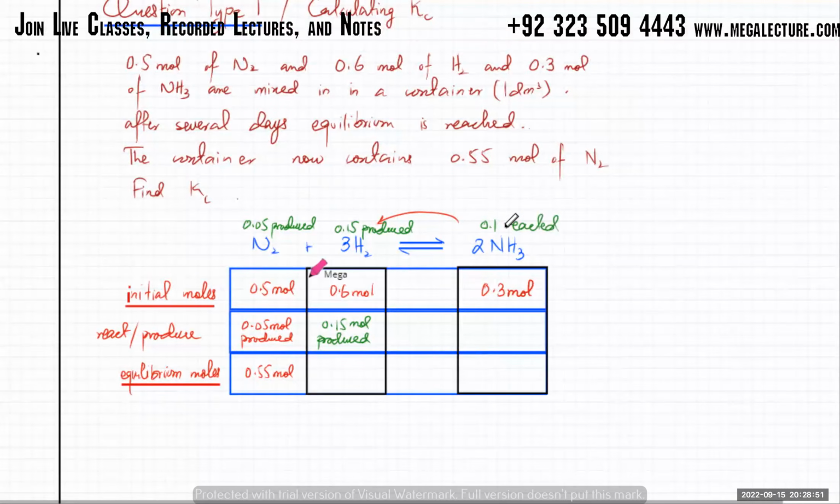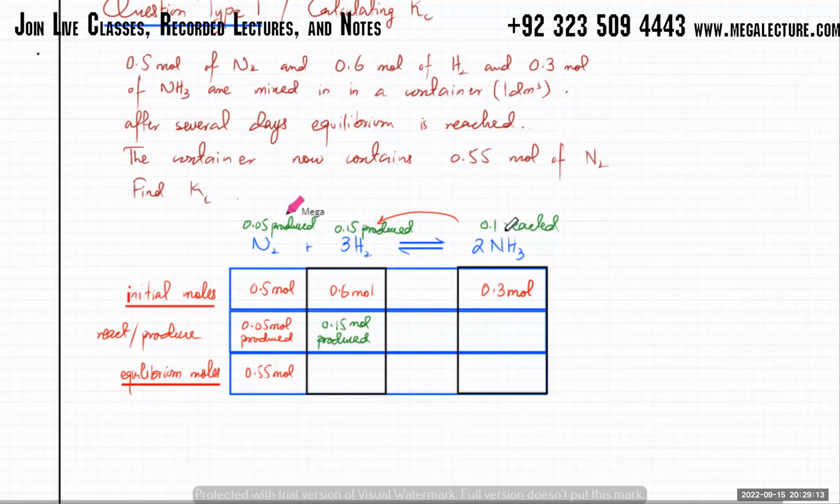So they only gave us this information, that 0.05 moles got produced. They didn't even tell us, they just told us that initially we put in 0.5. Now you've got 0.55. So we figured out that 0.05 extra got produced. So 1 got produced, 3 of this will be produced. So 0.05, so 0.15 of this will be produced.